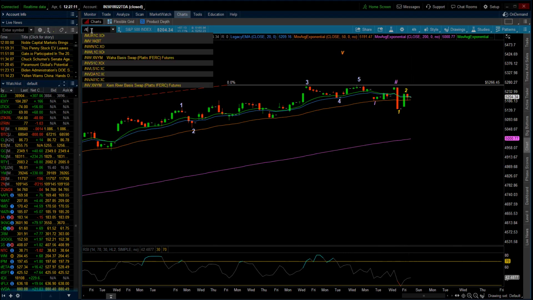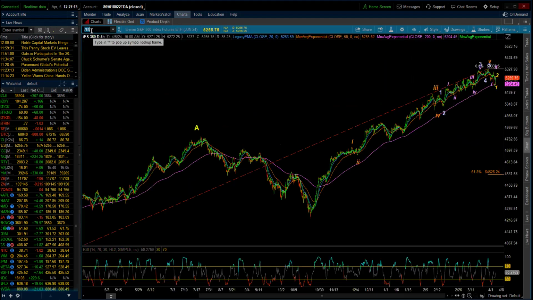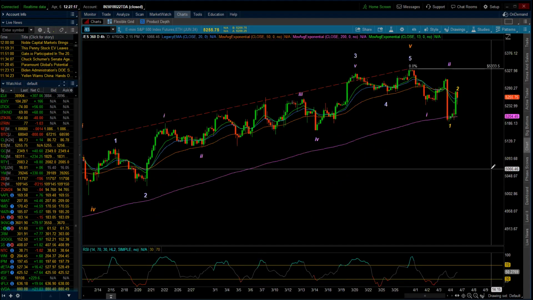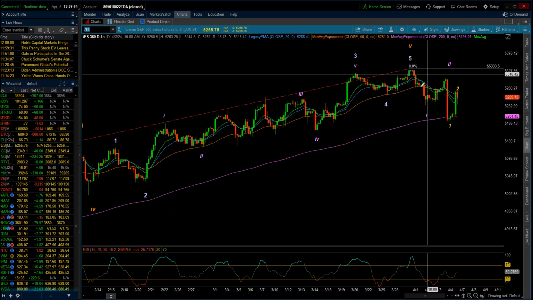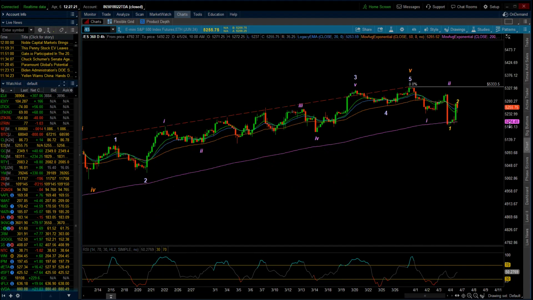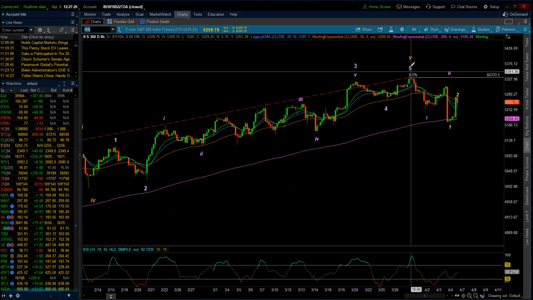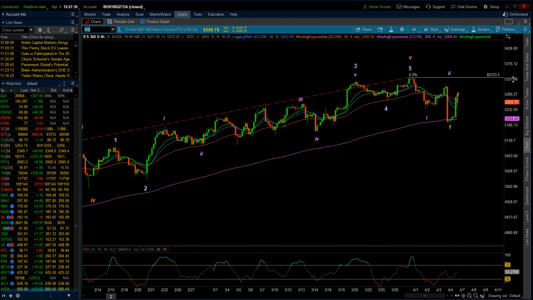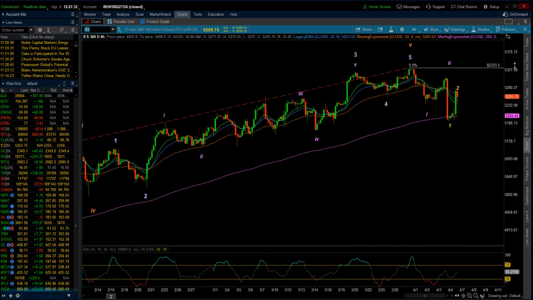Let's go over and take a look at the ES and see how that all is showing up. Same deal, right? I've left it in. There we have it. I actually took the rest down, but there I just put the minor 5, and then above that would be the intermediate wave C and the primary B wave as I left up on the SPX.